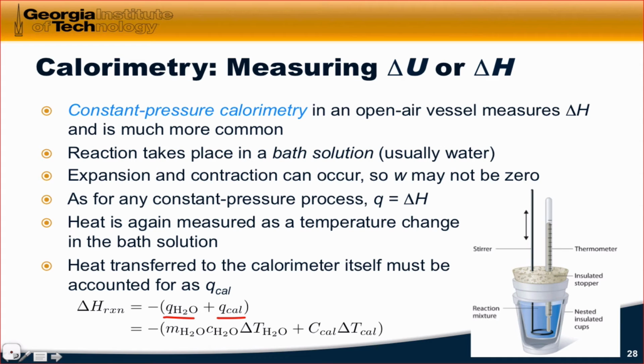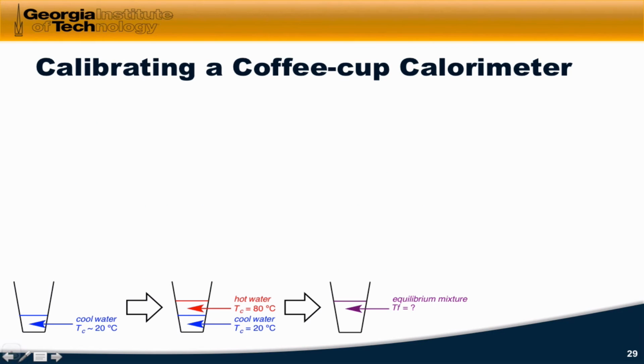But for the heat transferred to or from the calorimeter, I'm going to use a slightly different form that uses the heat capacity, the C-cal of the calorimeter itself in joules per Kelvin times the temperature change in Kelvin, which would give us a heat in joules. So determining this C-cal is important in constant pressure or coffee cup calorimetry to get an accurate value for delta H of reaction. So how do we determine this C-cal value?